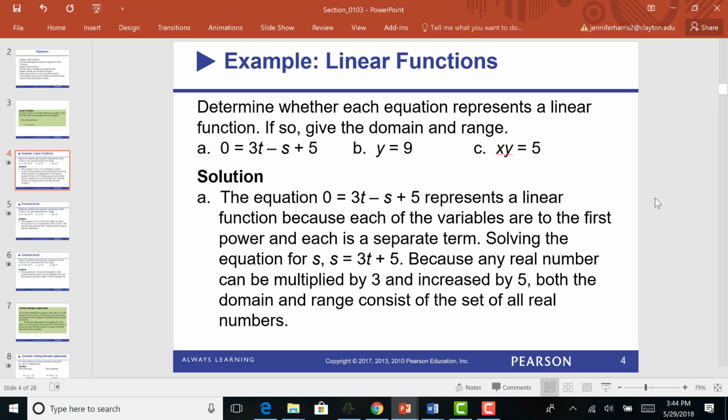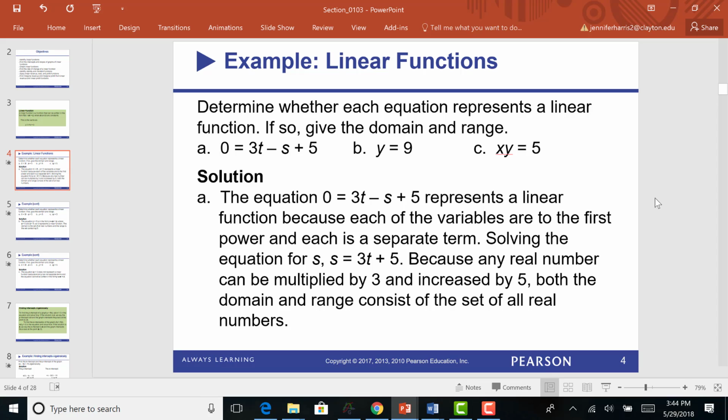With the first one, first of all, are there any exponents? No. Are there any letters on the bottom? No. Could I get S or T by itself if I want to? Yes, we could. Just to revamp what we did, we had 0 equals 3t minus S. What letter did we choose to get by itself?